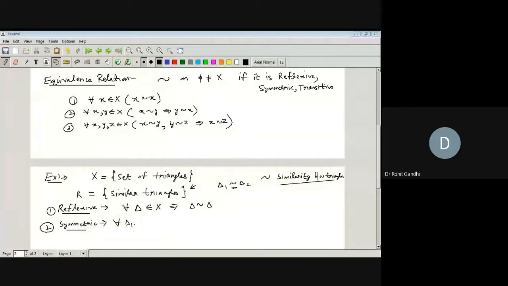Yeah, if I take any two triangles, suppose I am taking delta 1 and delta 2 that belong to S, such that delta 1 is similar to delta 2. तो अगर delta 1, delta 2 के similar है, then it always implies delta 2 भी delta 1 के साथ similar होगा, right?